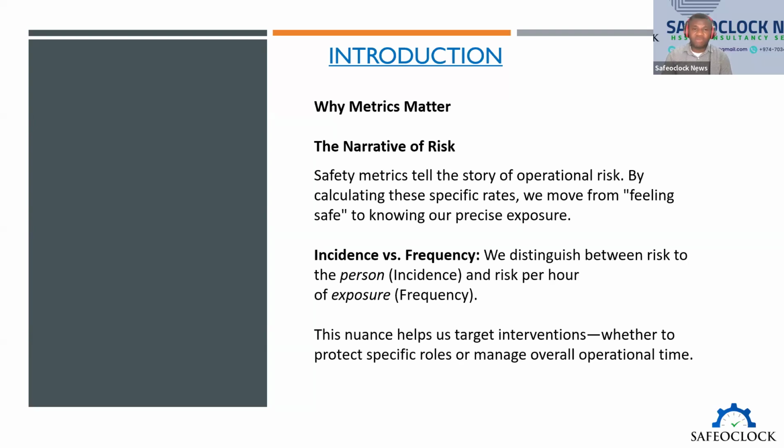For instance, when we calculate incident frequency rate, and we have a value, we can easily look at that value and say, this value is higher than the value we got last year. So it means our health and safety status is going below or is improving.